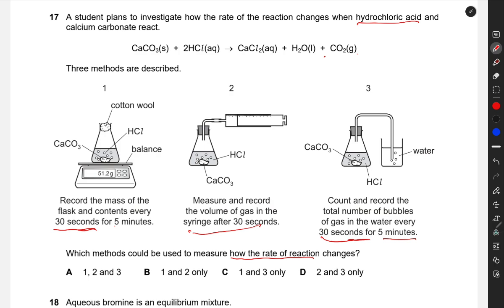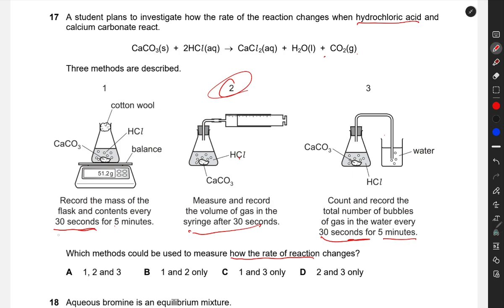These two setups measure how the rate of reaction changes per unit time. So options 1 and 3 are correct because in this method, experiment 2 measures and records the volume of gas only after 30 seconds.